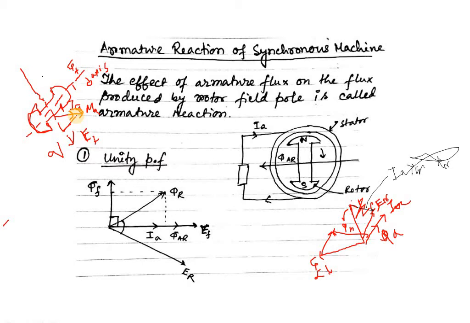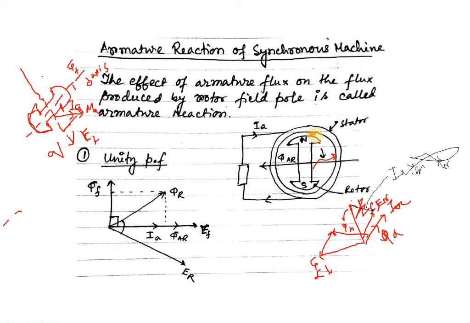In the case of salient pole, as the air gap is non-uniform, the flux when the rotor is in the position where the air gap is minimum, and when it is in the position where the air gap is maximum, will definitely be different. The amount of flux or armature reaction will differ where the air gap is more and where it is less.